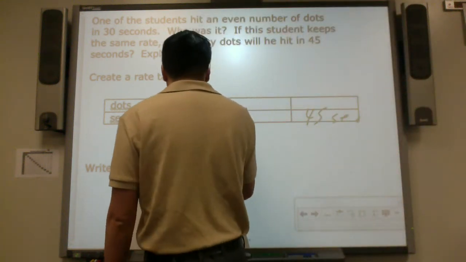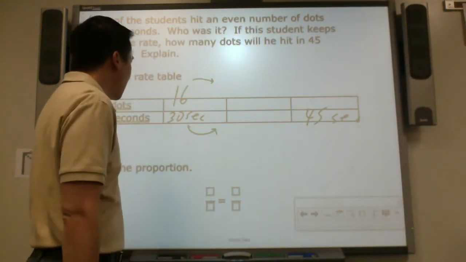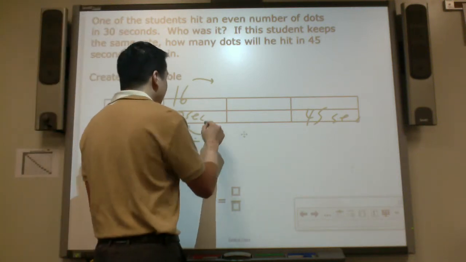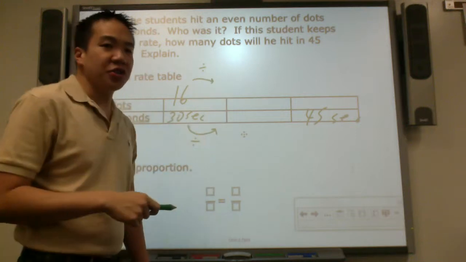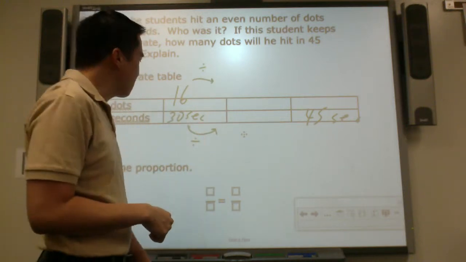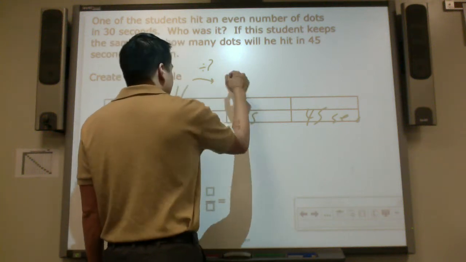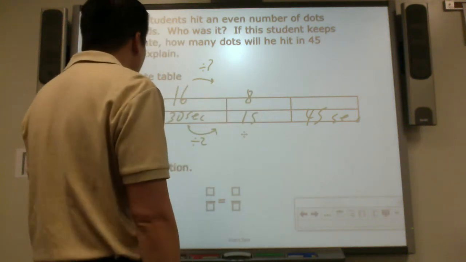Let's scale it backward. So I'm going to divide this by, how could I simplify this? By 4? No, because 4 doesn't go into 30. By 5? No. By 2? Let's try 2. 15, and that's 8.